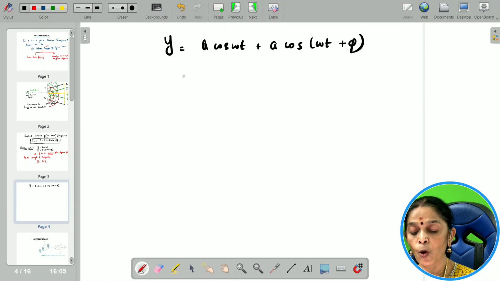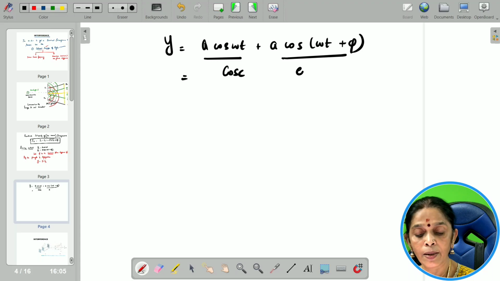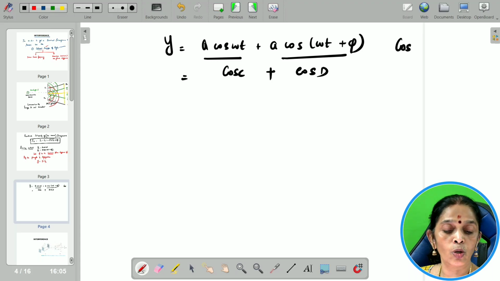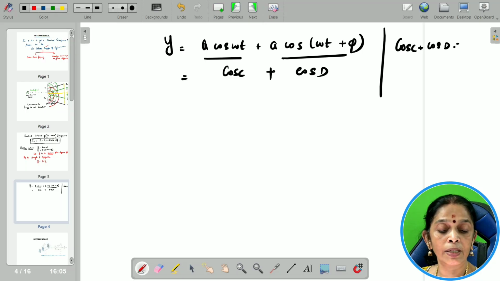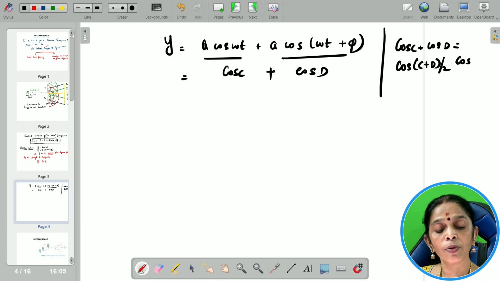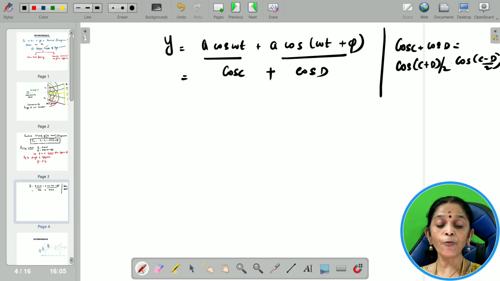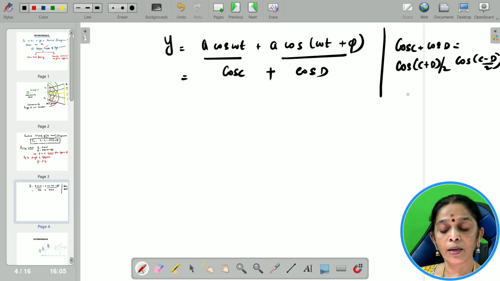So this is in the form of cos C plus cos D. You must be knowing in mathematics, cos C plus cos D is equal to 2 cos of C plus D by 2 into cos of C minus D by 2. So what is C here?